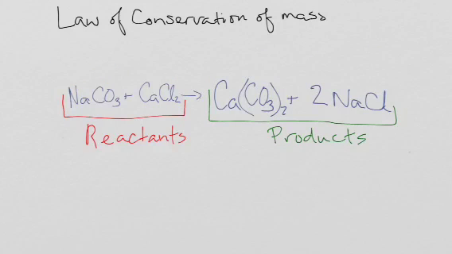The amount of reactants in any reaction must always be equal to the amount of products. All right? Which means that you're not making any new matter and you're not getting rid of matter. You're just rearranging it. Okay? So reactants always equal products.